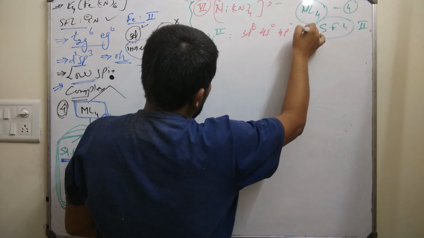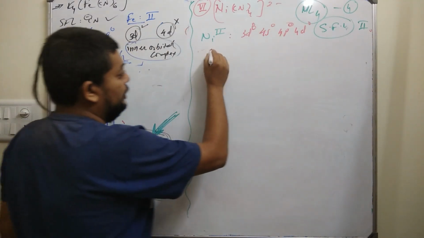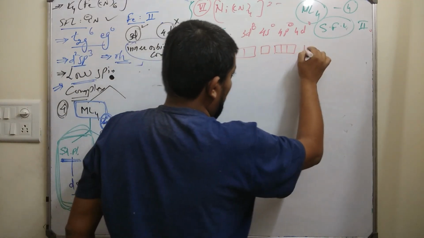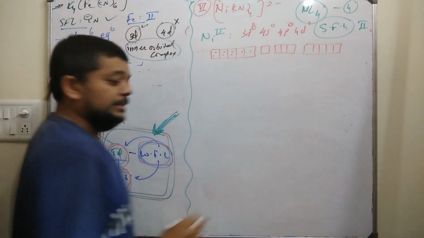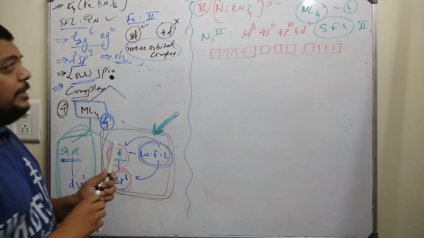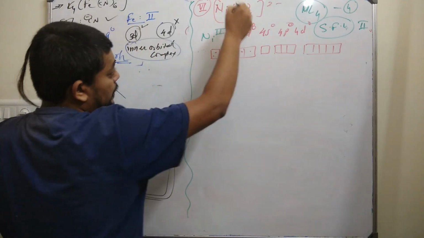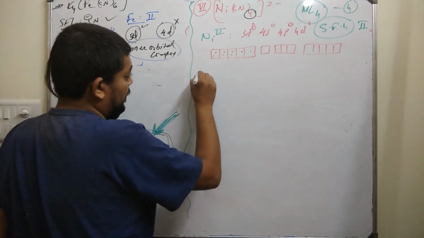So I will just mention it to be 3d8, 4s0, 4p0 and 4d0, and just quickly formatting the suborbits and the orbitals, I can clearly mention like this 3d8. Once I am done with this, I have to look into this strong field ligand and the coordination number. Now be very clear.